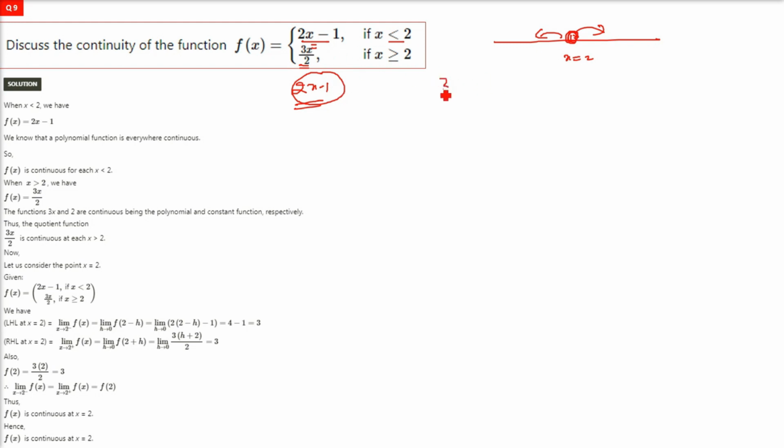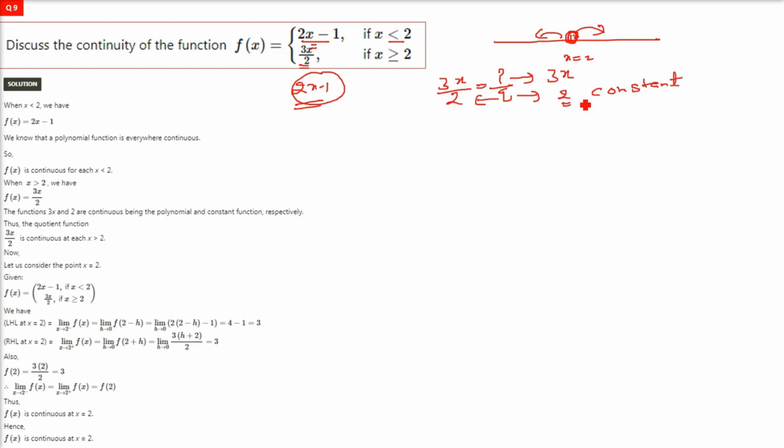Coming to the right hand side, that is 3x by 2. Now this is p by q form. P is 3x. Since this is also a polynomial function, and 2 is a constant number, which is also continuous. So the functions 3x and 2 are continuous because polynomial and constant functions are continuous, right?